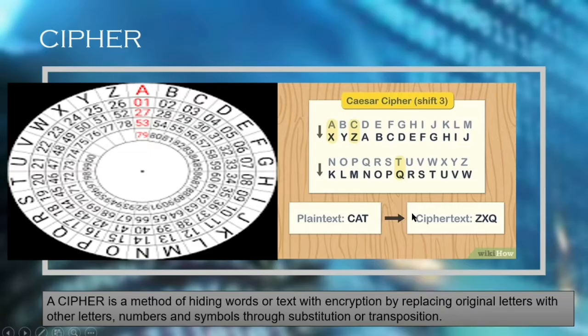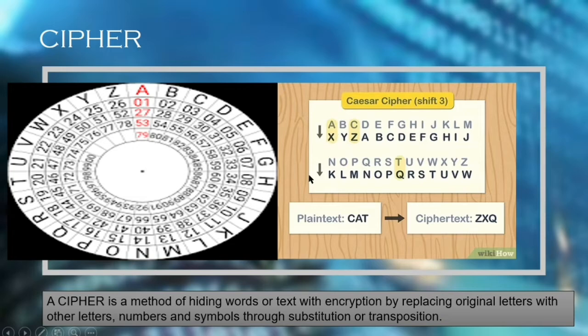So, what is cipher? A cipher is a method of hiding words or text with encryption by replacing original letters with other letters, numbers, and symbols through substitution or transposition. One of its examples is the Caesar cipher, where a character is replaced by another character.